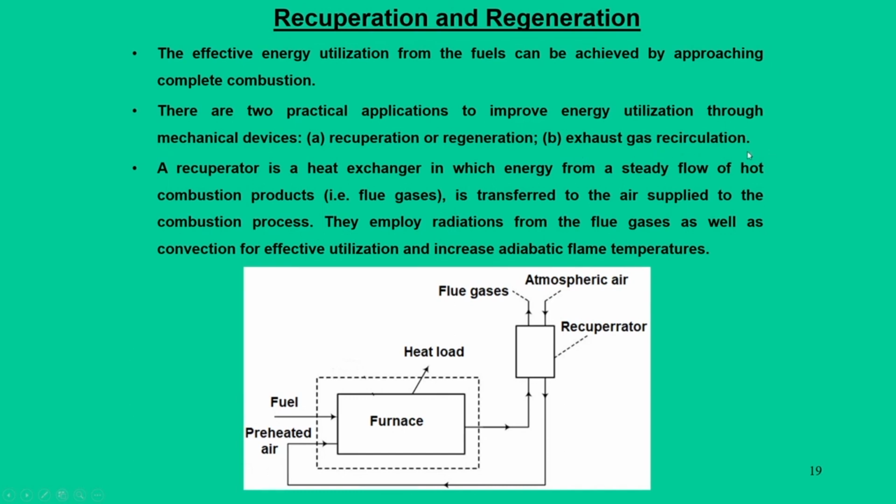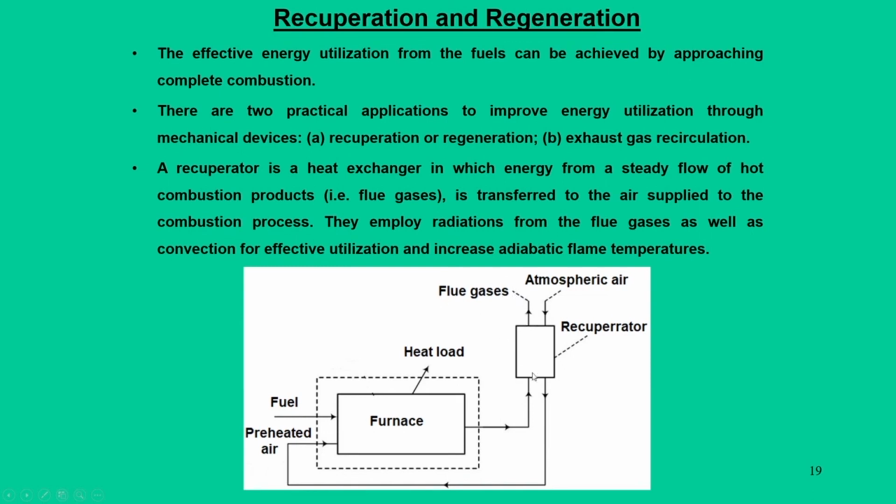gas recirculation. This is a schematic diagram of a furnace, maybe it can be a boiler or any gas turbine engine, where fuel and air get added and we get the required amount of heat, and the combustion product goes out. Instead of releasing it to the atmosphere, these products are nothing but your flue gases. When they go out, we need to tap their heat.